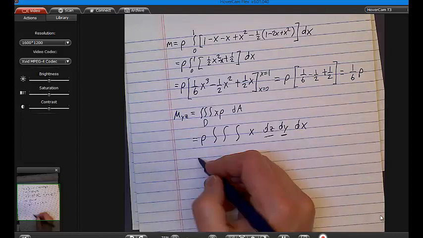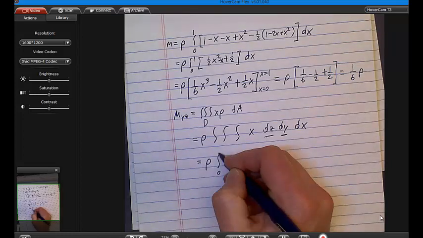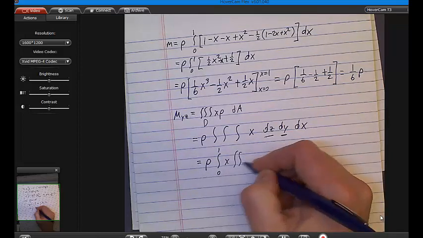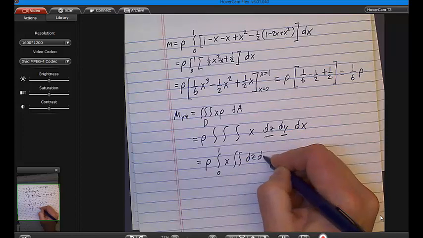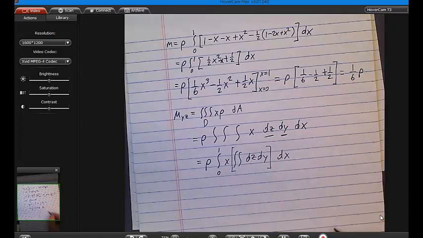So this equals rho times the integral from 0 to 1 times x, and then we have all this other stuff that we already computed, dx. Yeah?